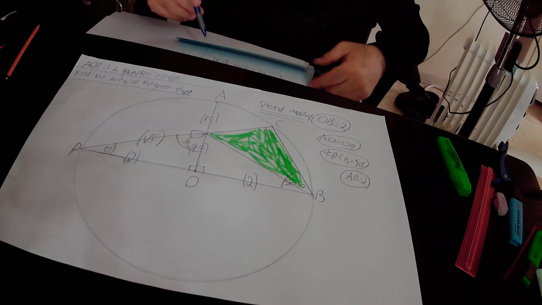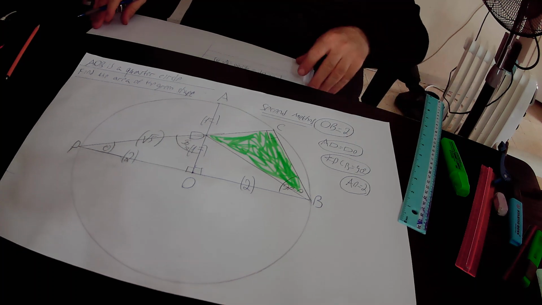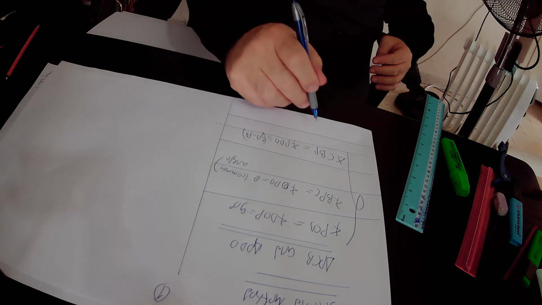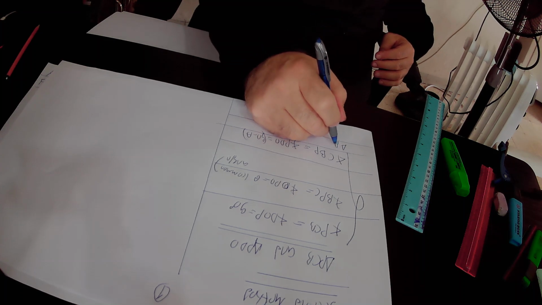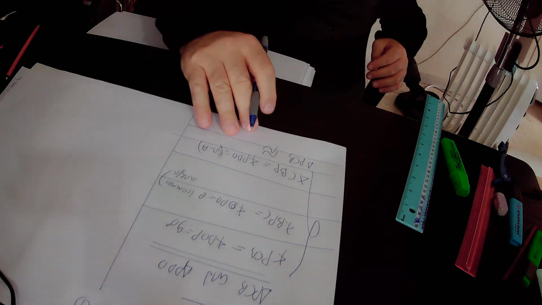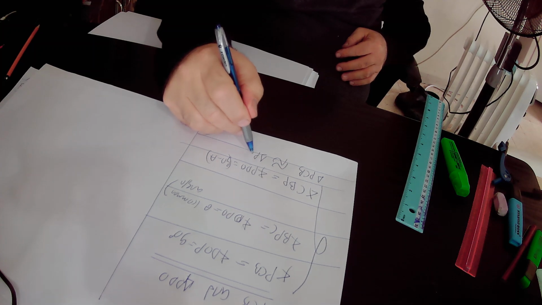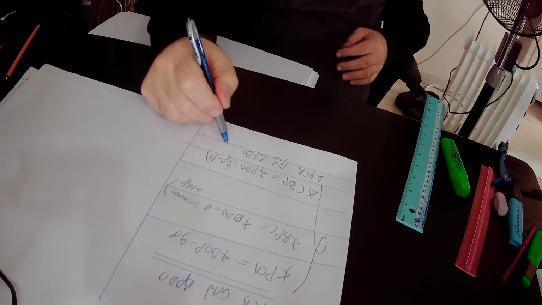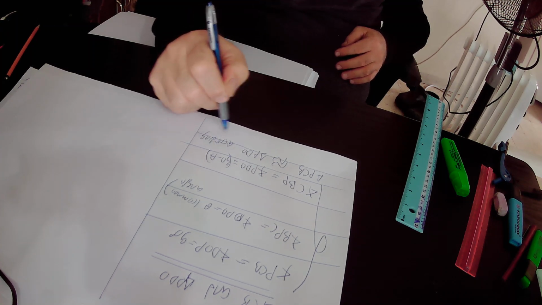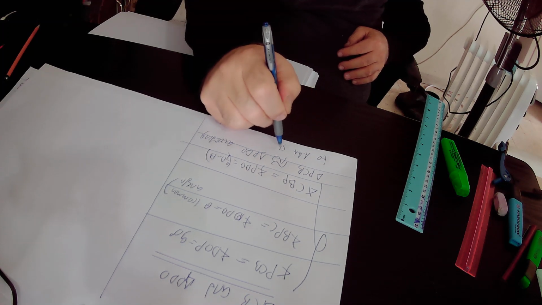So I write it down: the big triangle PCB is similar, this is the sign of similar, to the right small triangle PDO according to angle similarity rule.